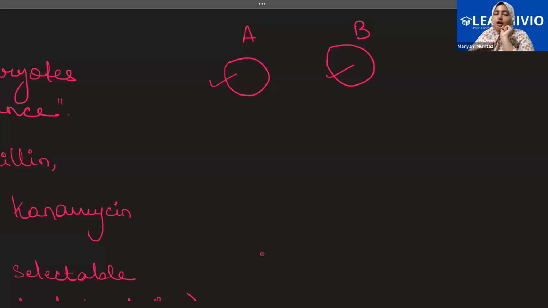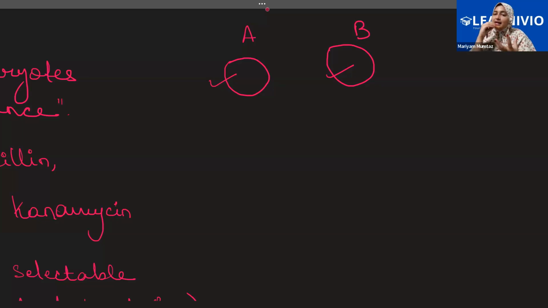That is resistance. So both of them have resistance for antibiotics. We know that antibiotics work on pathogens, and particularly on bacteria.